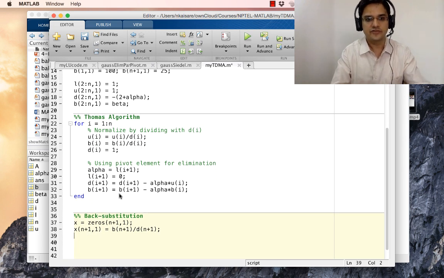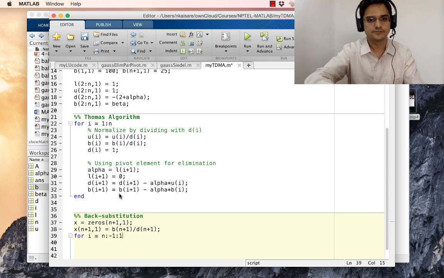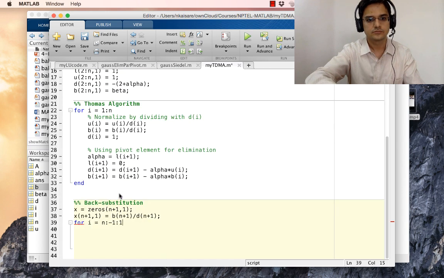Then we have the for loop for back substitution, for i equal to n in steps of minus 1 to 1. Our x_i we said was going to be equal to b_i minus u_i multiplied by x_i+1.